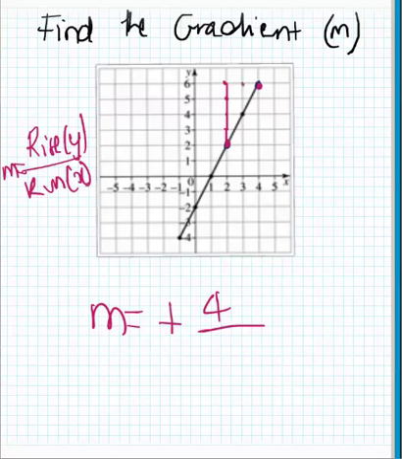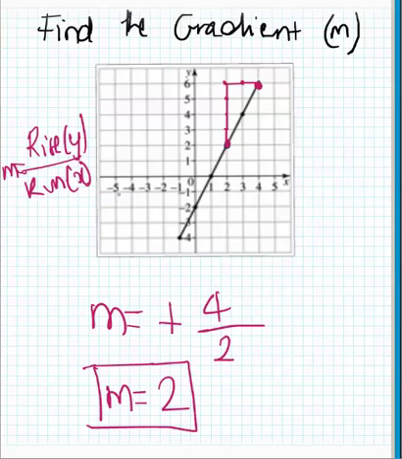So 1 and 2. So a run of 2. And we have reached our point. So whenever you do this, you should always end up with a right angle triangle, rise and run. And simplify this. What's 4 over 2? 4 divided by 2 is just 2. And we have found the gradient of our straight line.